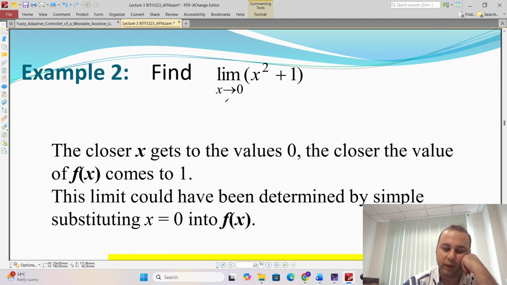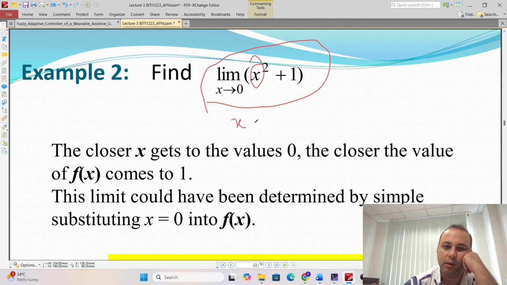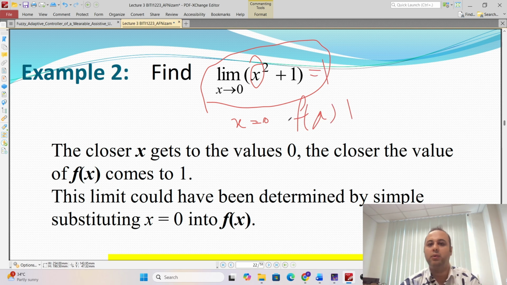So one way to find the limits is simply to substitute x equal to 0. So f is equal to 1.